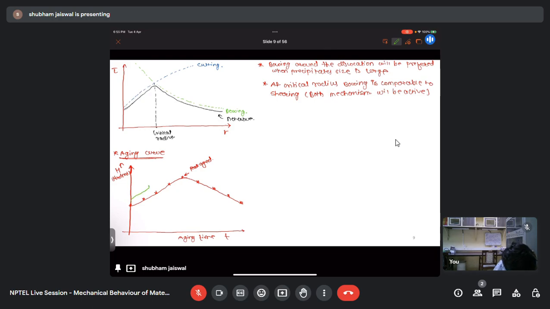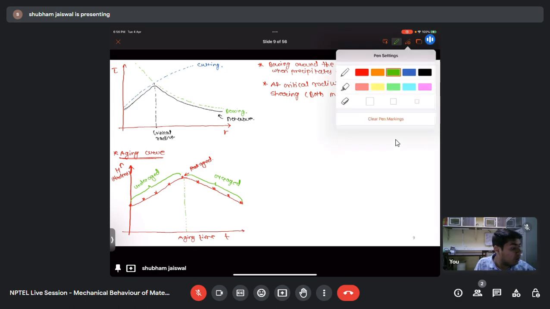This zone is known as the underaged condition, and this zone is known as the overaged condition. So this point is the highest hardness, known as the peak age condition.